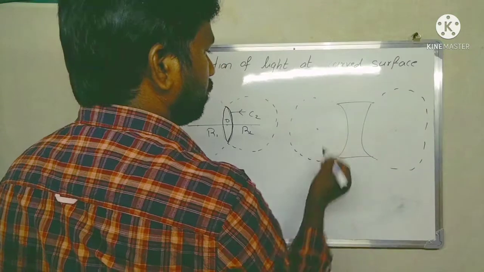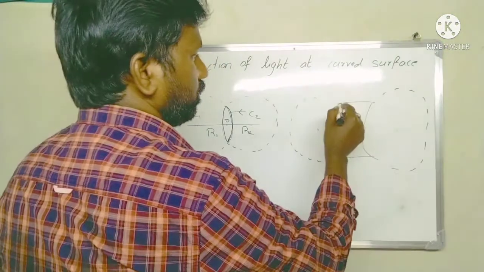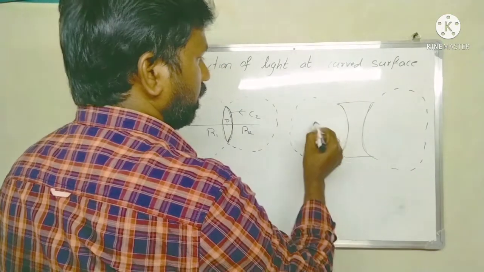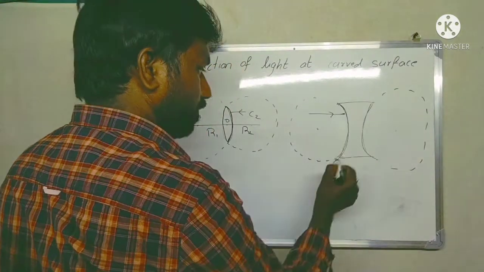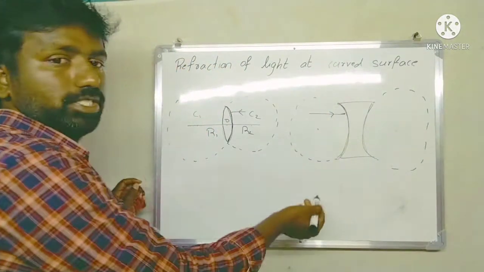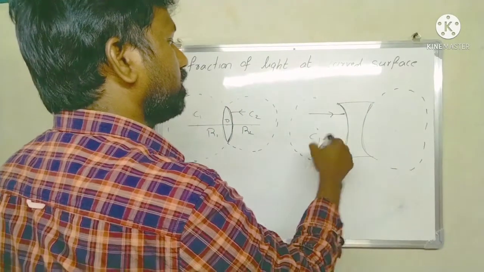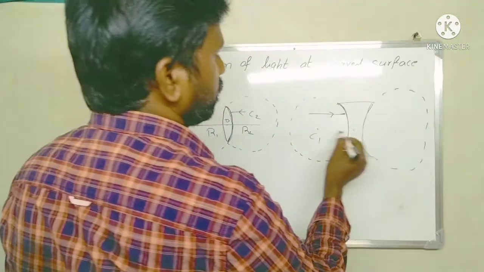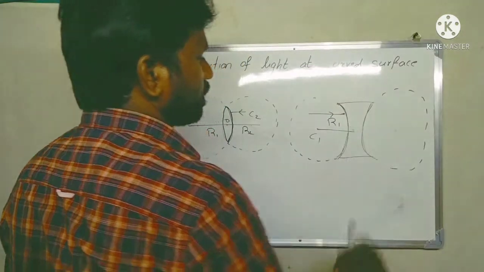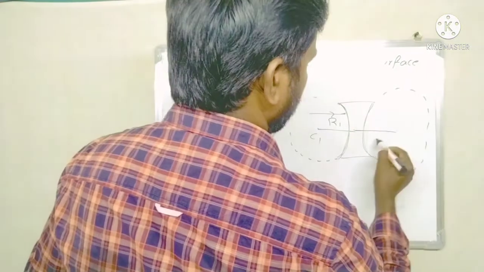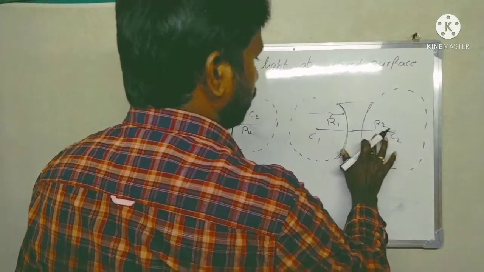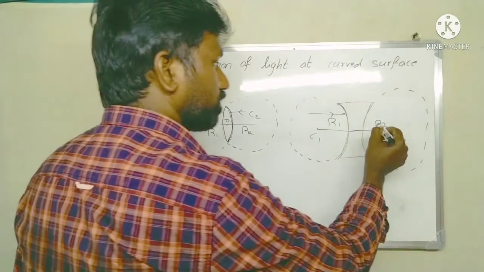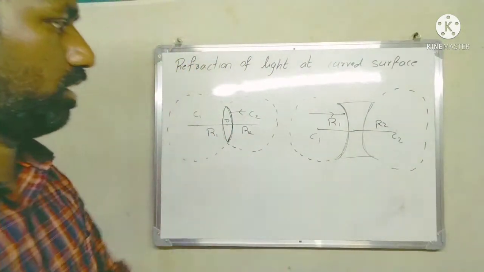Imagine a sphere here, and here also imagine a sphere. There are two centers for the two curvatures. If the light is striking over here, this is the first curved surface, and its center we take as C1, and the distance from here to here we take as R1. The remaining part has center C2 and distance R2, or radius of curvature R2.